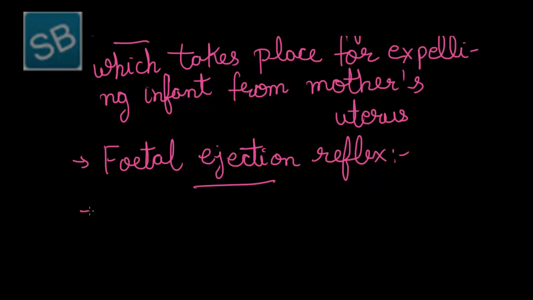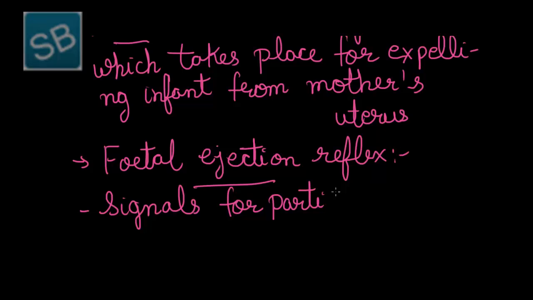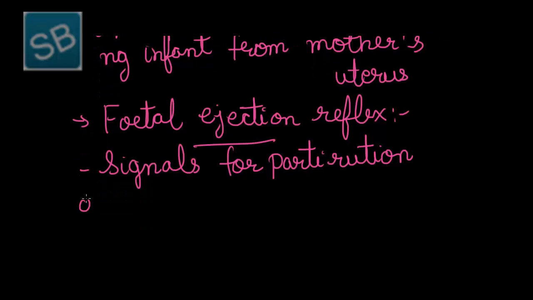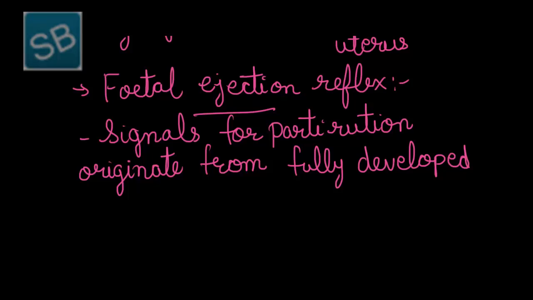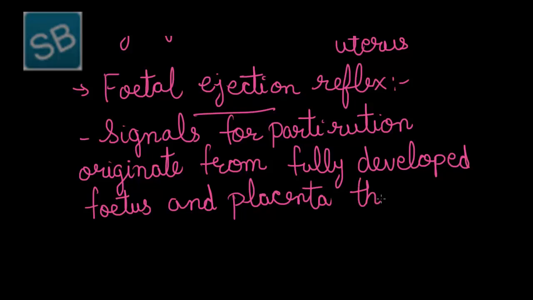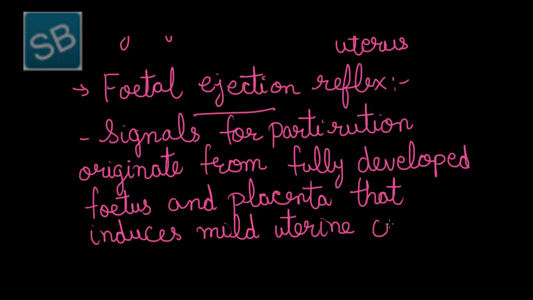Precisely, it can be defined as the signals for parturition, that is childbirth, that originate from the fully developed fetus and placenta, that induce mild uterine contraction, which can be termed as fetal ejection reflex.